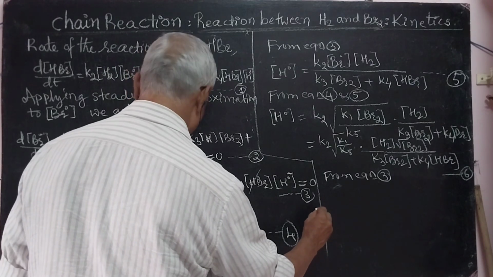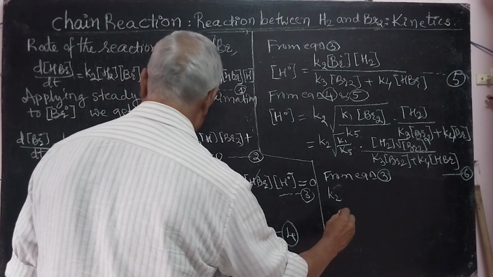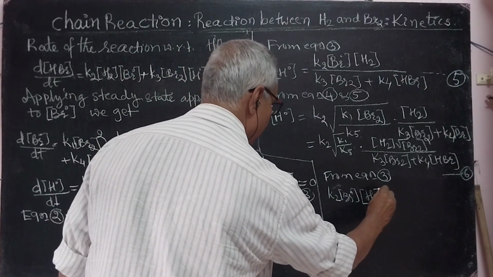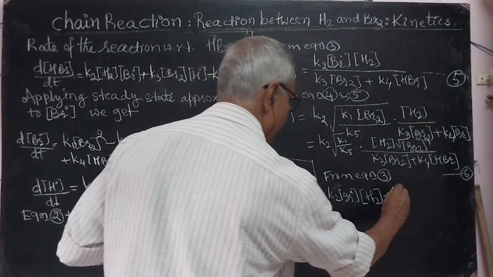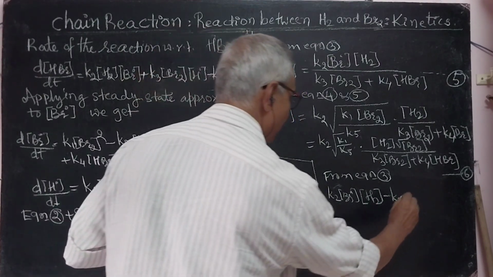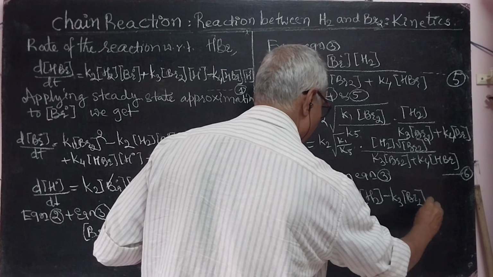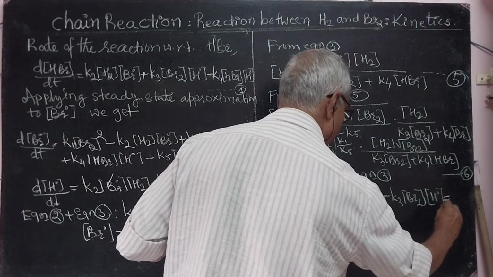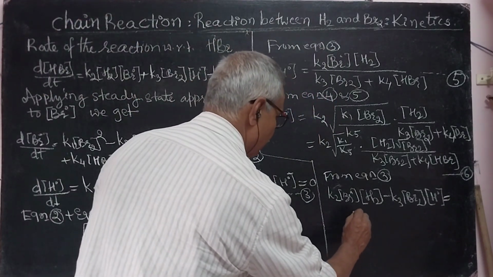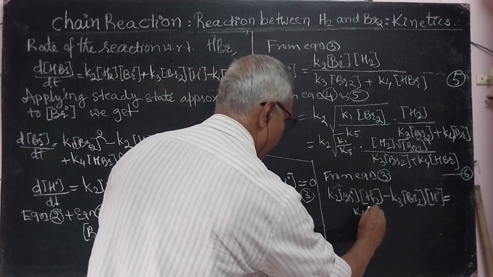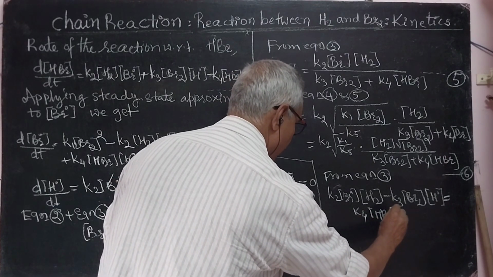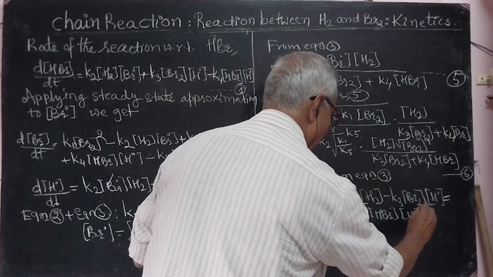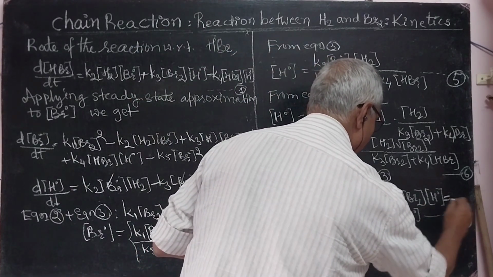That is K2 Br dot into H2 minus K3 Br2 H dot is equal to K4 HBr into H dot, the concentration of H dot. Suppose this is equation 7.